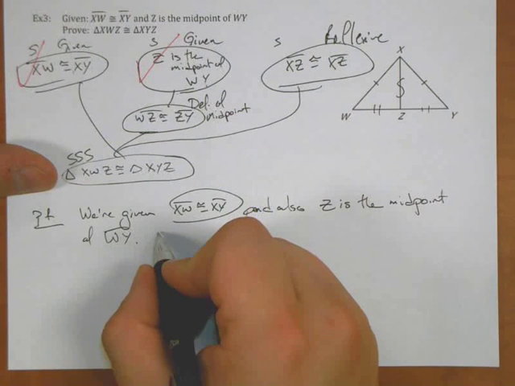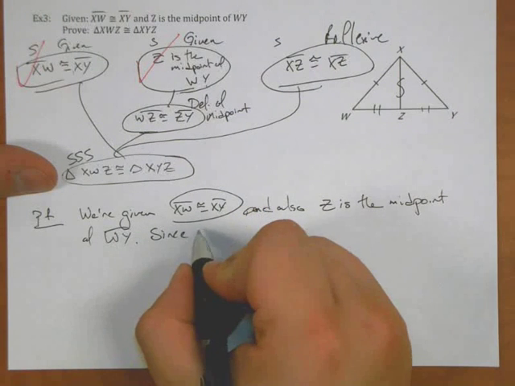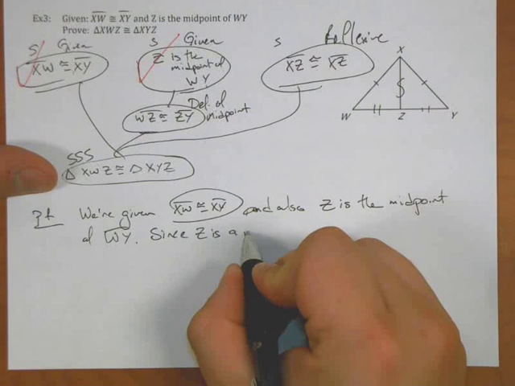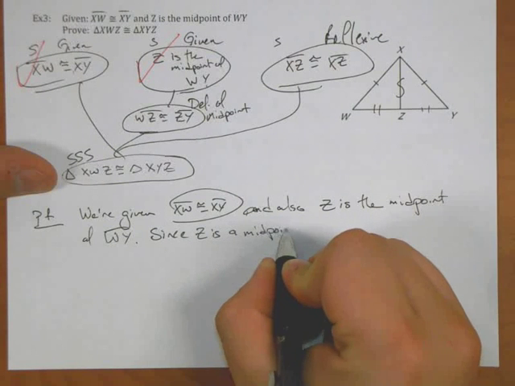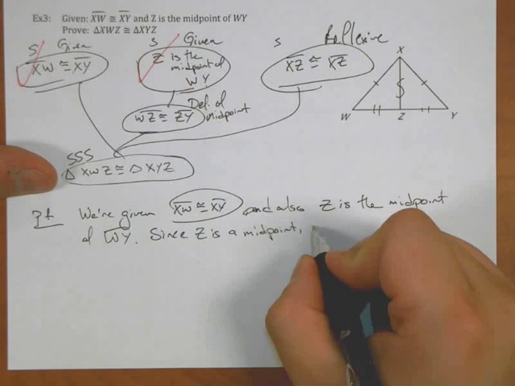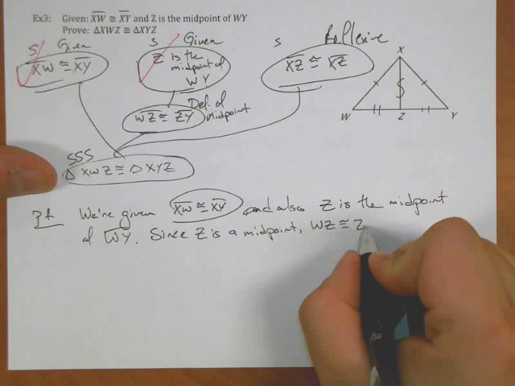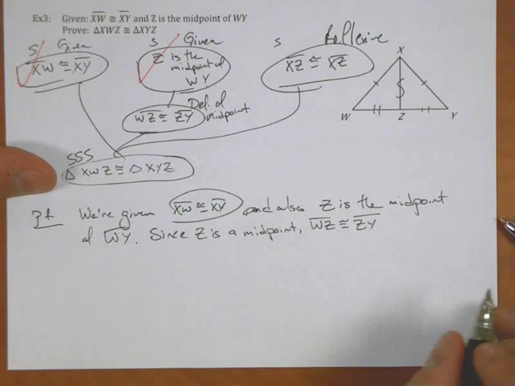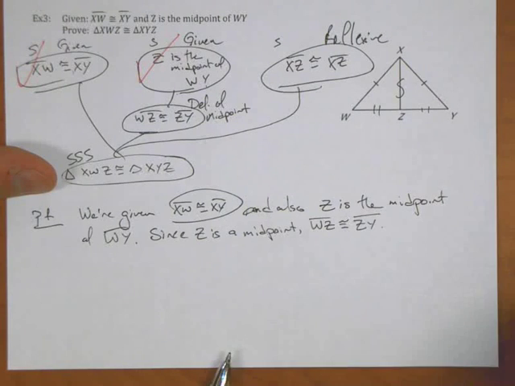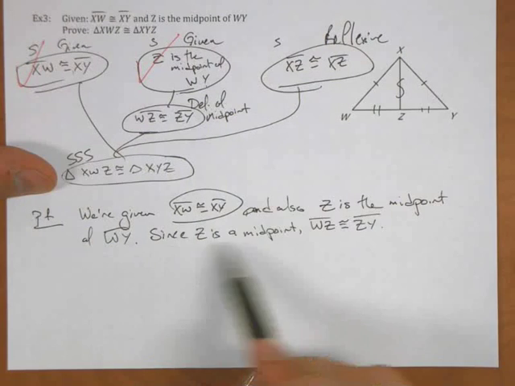Okay, so let's finish this strand here. So I know that Z is the midpoint of WY. Since it's the midpoint, then WZ is congruent to ZY.